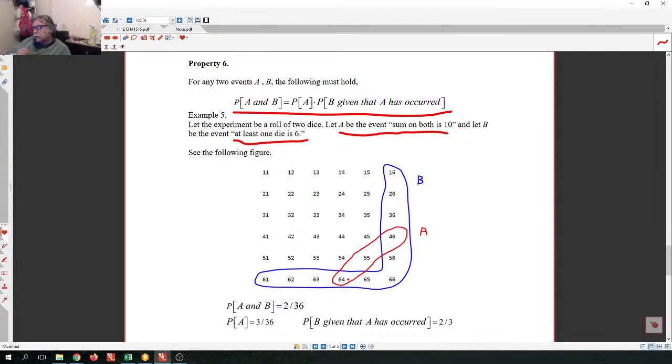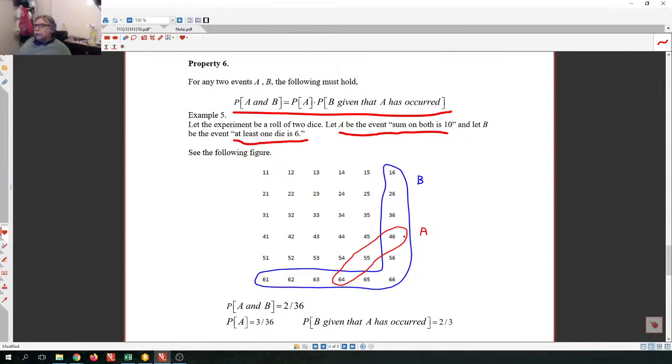Two out of 36. Again, A and B is an event, with a certain number of outcomes there, two actually. The probability of A, we already justified to be 3 out of 36.